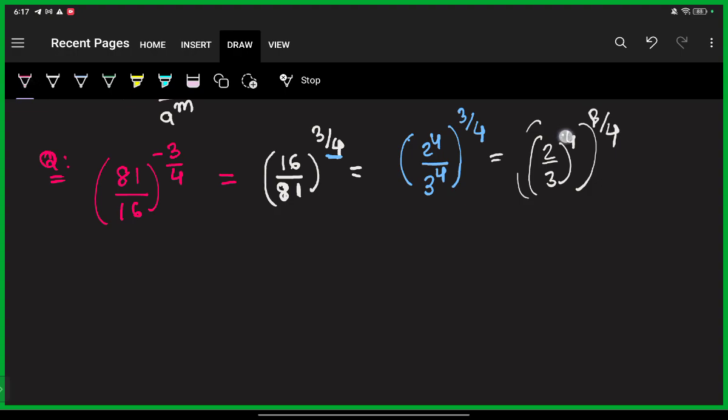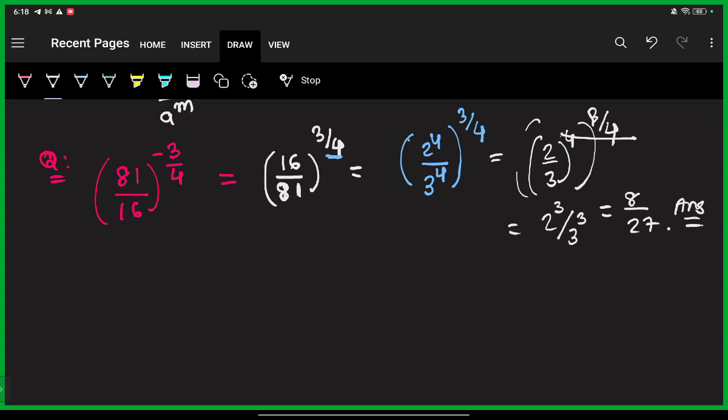We can cancel out these 4's. We'll end up with 2 cube divided by 3 cube, right? That gives us how much? 8 by 27. So that is our answer, right? Yes or no? Yes, sir. Good.